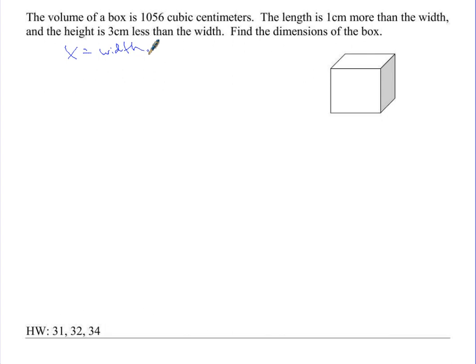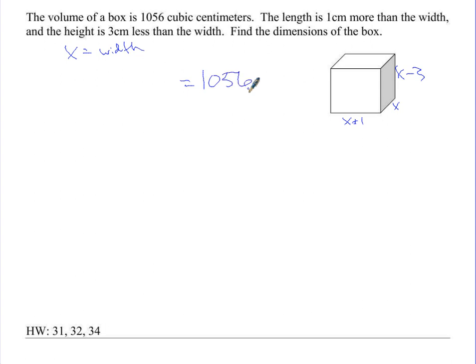Now that I know the width, what's the length? So if the width is x, then the length is x plus 1. And the height is x minus 3. And it gives me the volume, which means I need to do what with my dimensions? Add them all together, or multiply them all together? Multiply them all together. And if I multiply them all together, I get 1056.